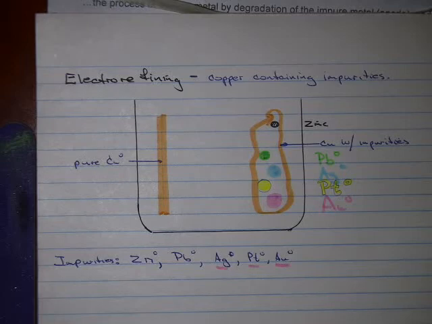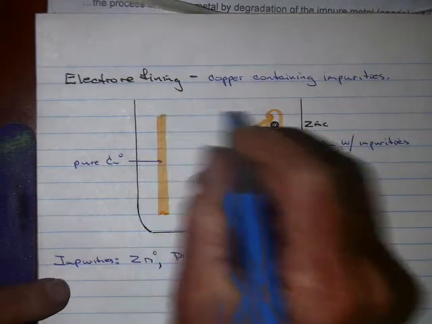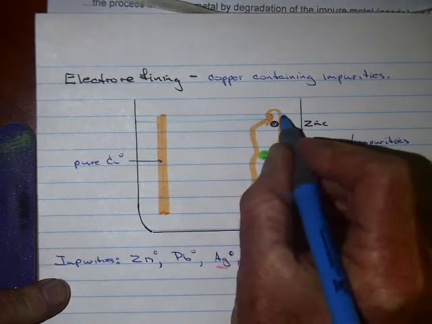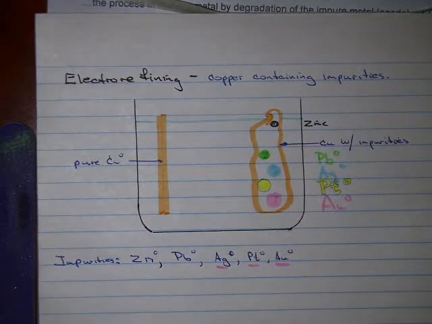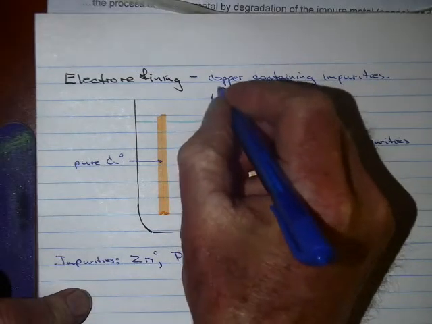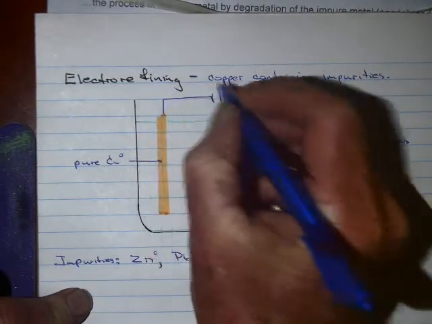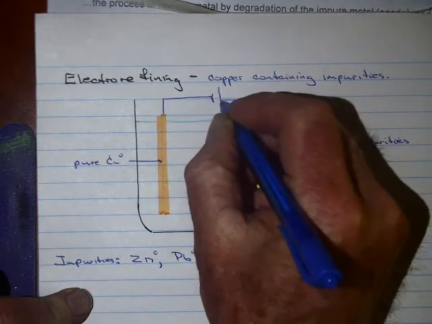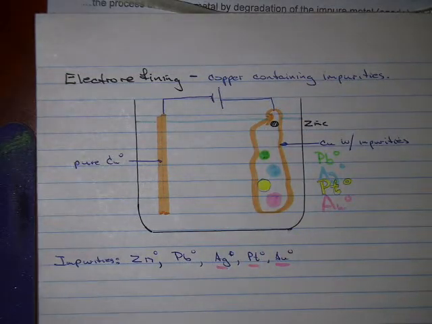Okay, and this is just a solution, okay? And we are going to hook it up to a wire. So electrons are going to be going this way. Now, based on what you know from electroplating, the first thing is no big surprise.